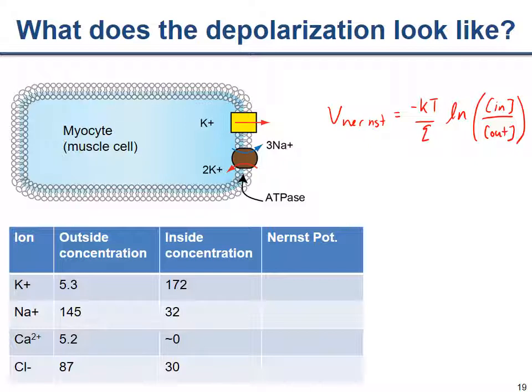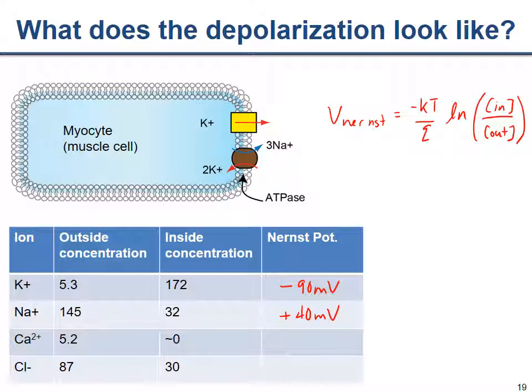Okay. Now for potassium, we have an outside concentration of 5.3 millimolar, inside 172. If we plug it into the equation there, we're going to get 90 millivolts, but we have to be careful. The sign in this case for potassium is negative. Okay. For sodium, we have positive 40 millivolts.